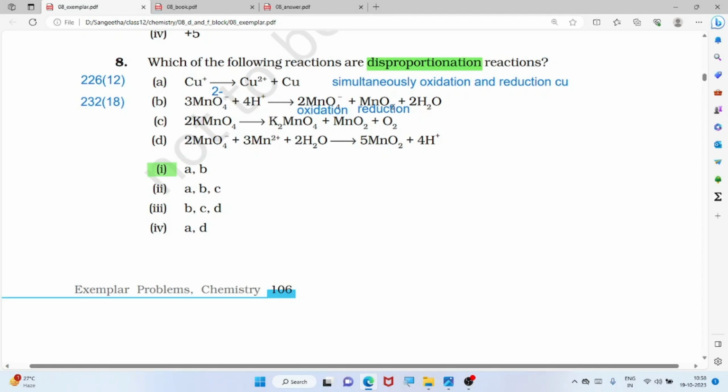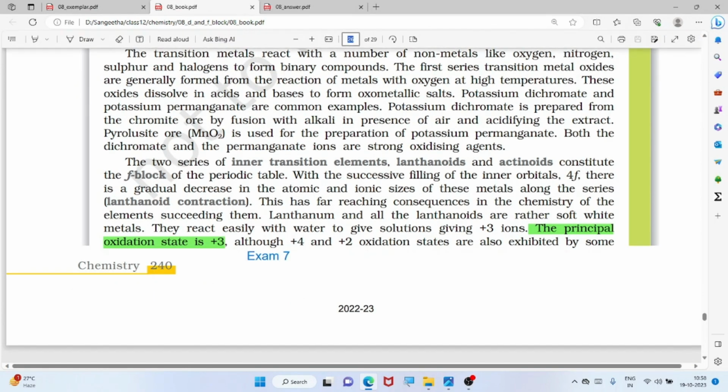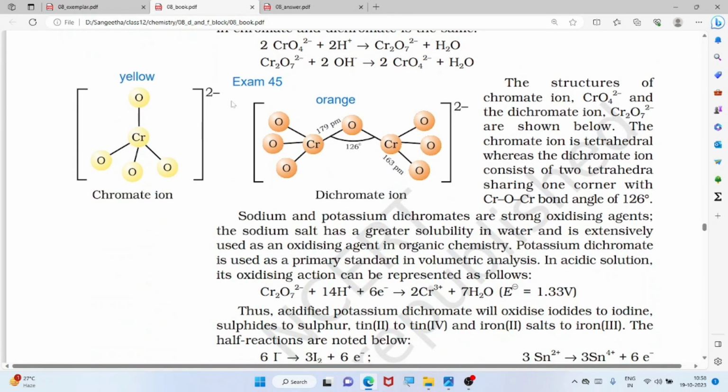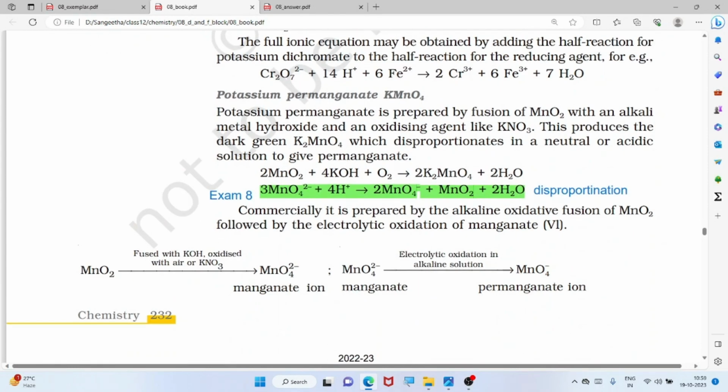Okay, here also this is oxidized to this. Actually this is 2 minus, you will see in the book, and this is getting reduced here. This is after reduction, this is after oxidation. So here 2 minus, okay.